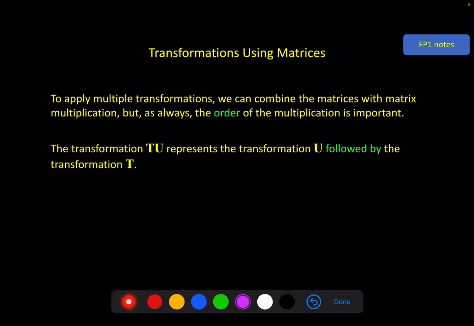But let's say we've got a matrix of coordinates, maybe 3 points, 2 coordinates each, and you want to apply the matrix U onto this matrix of coordinates, then you want to apply T. So because U is closer to the matrix of the coordinates, it happens first. Then T is applied second.